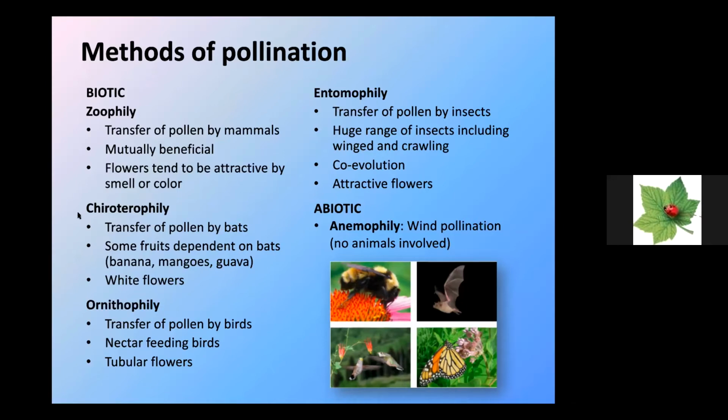We have entomophily, which is the transfer of pollen by insects, and is probably one of the largest types that we see, with a huge amount of different insects that are winged, but also crawling at the same time. As I mentioned earlier, there has been a lot of coevolution between the animals and the plants to help attract them.